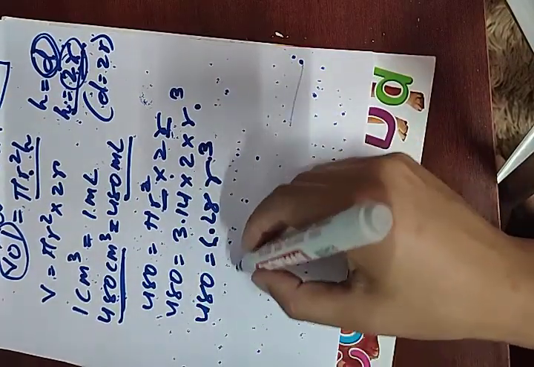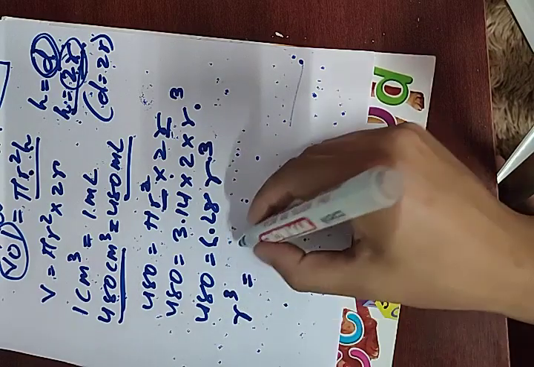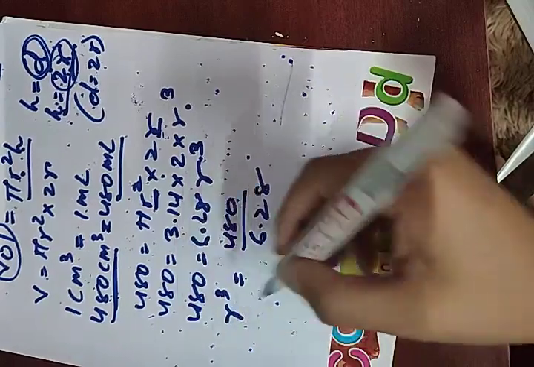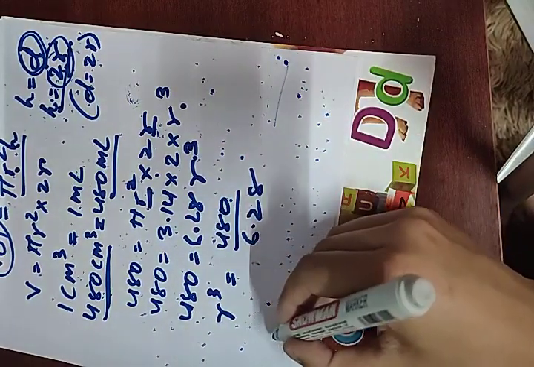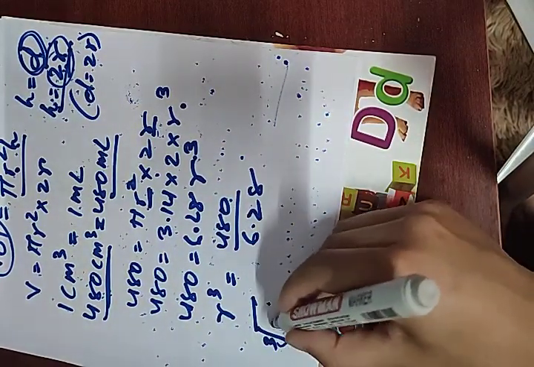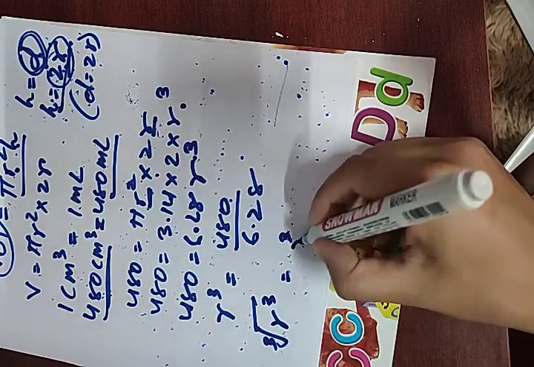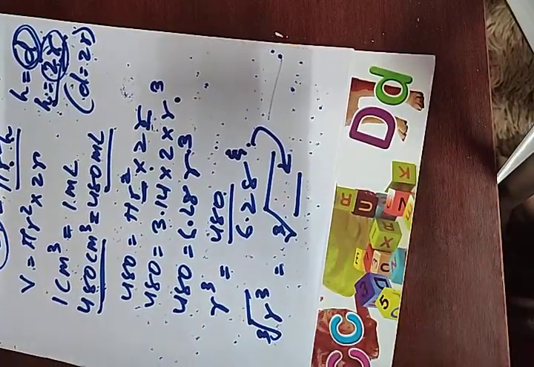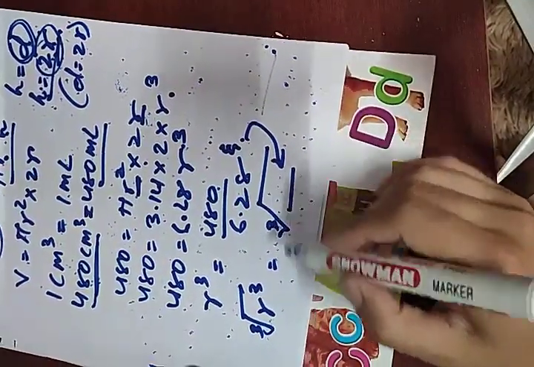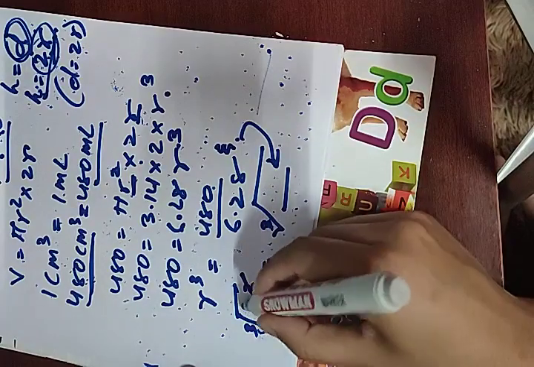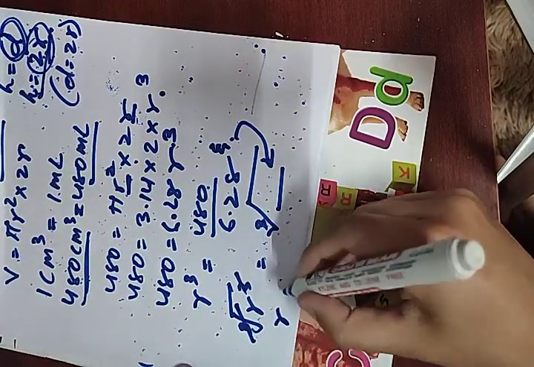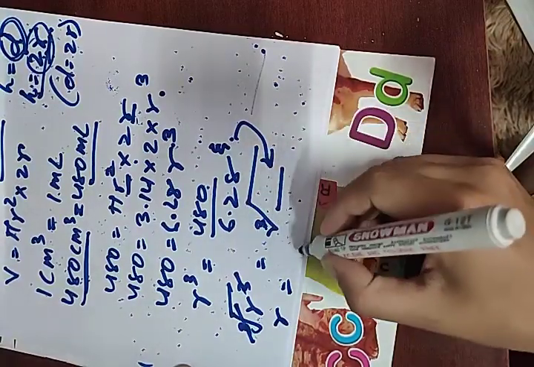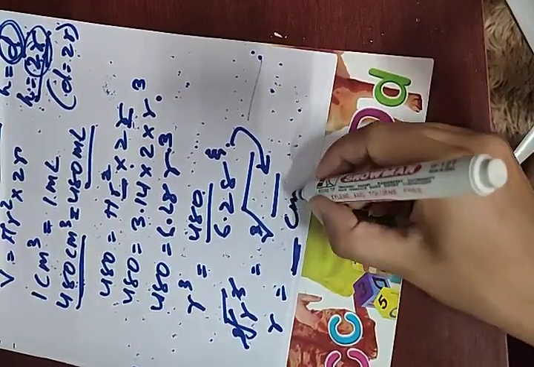Then r cube is equal to 480 divided by 6.28. You divide and get the value, then take the cube root of both sides. The cube and the cube root will cancel, so r will be equal to the cube root of this value. You punch it in the calculator, and the cube root of this will be equal to something centimeter.